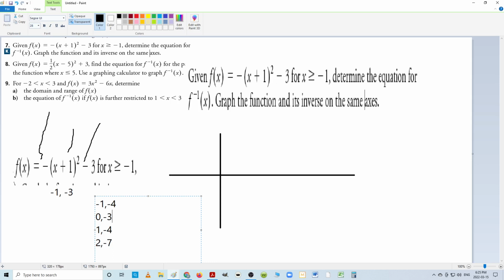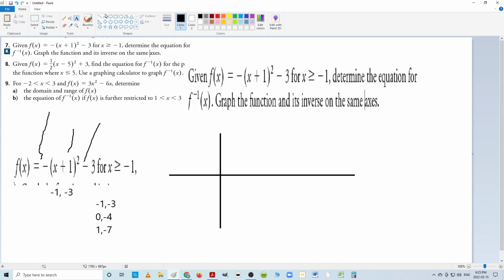And then I'm just going to subtract 1 from all the x values. So this one's going to be out, but this one's going to be the new vertex. And this is going to be in, and this is going to be in. So I can just ignore this one. And then I have 3 convenient spots right there.